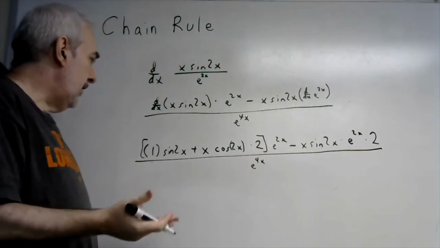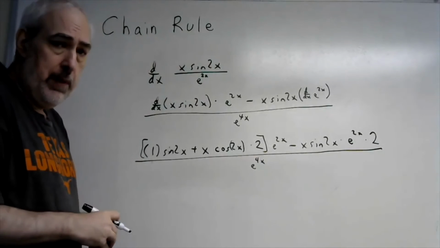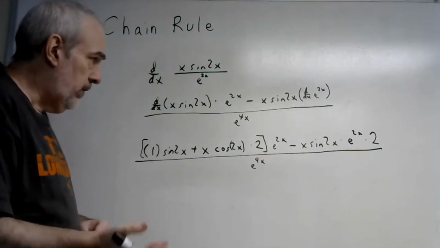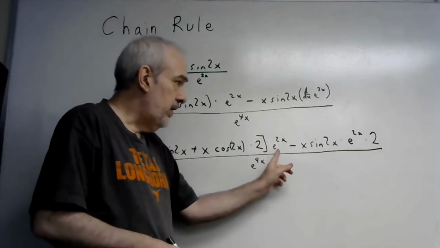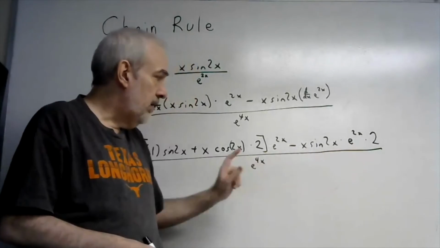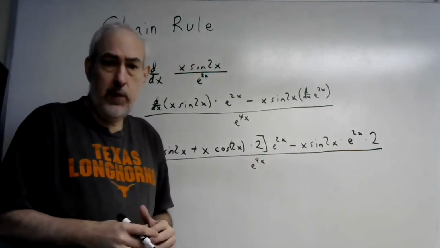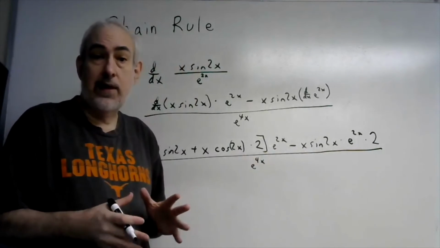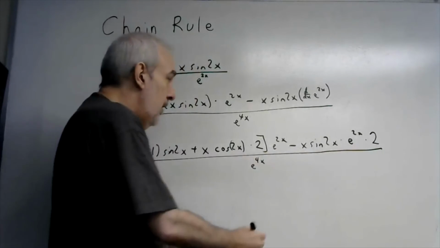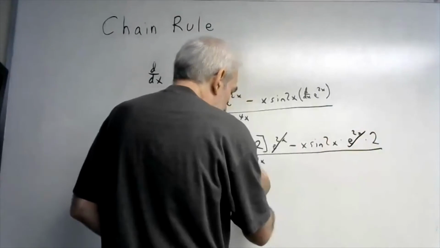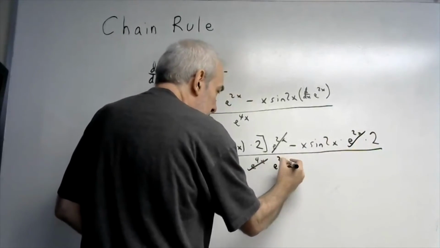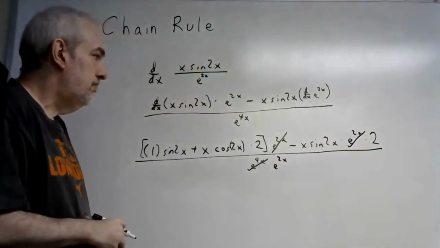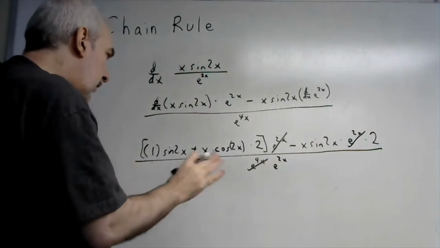Okay, and then let's try to simplify this as much as possible. One thing I would notice is that we have an e to the 2x here, an e to the 2x here, and an e to the 4x at the bottom. So we can divide by e to the 2x everywhere on the top and the bottom. That's going to get rid of these two, and that's going to reduce this down to e to the 2x. Now let's clean up the rest.